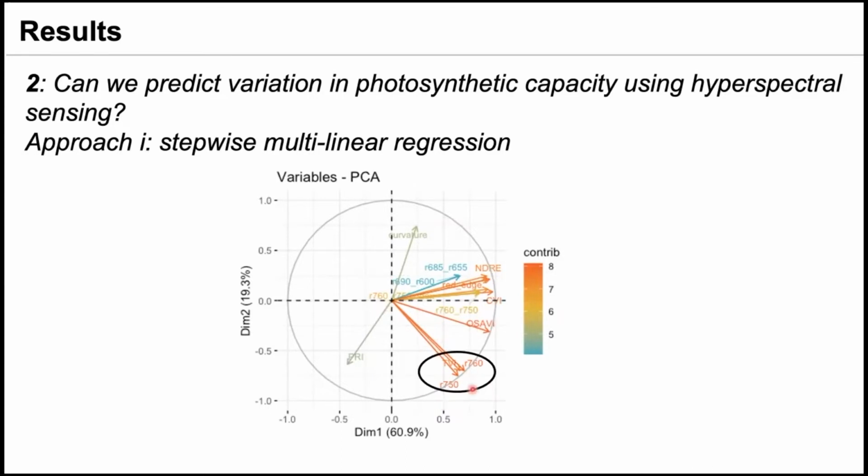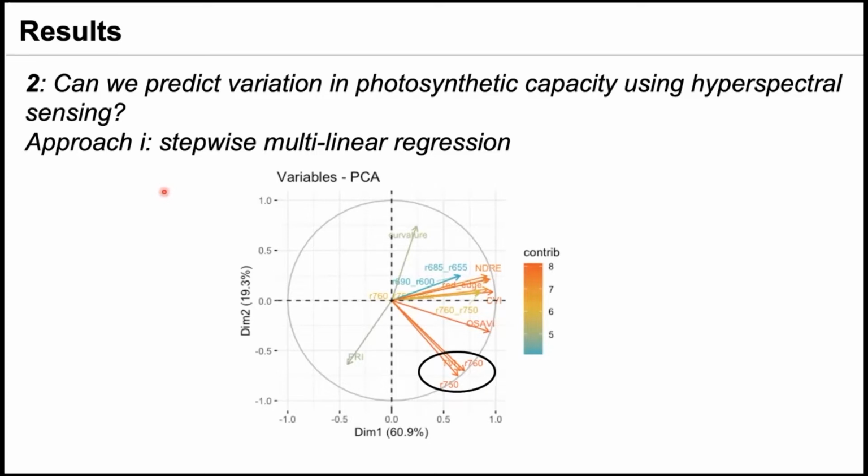Well, we can see there are a lot of strong correlations between these variables, such as these three that are highly correlated with each other. So it would be problematic if we use the whole set of vegetation indices for the stepwise multilinear regression.